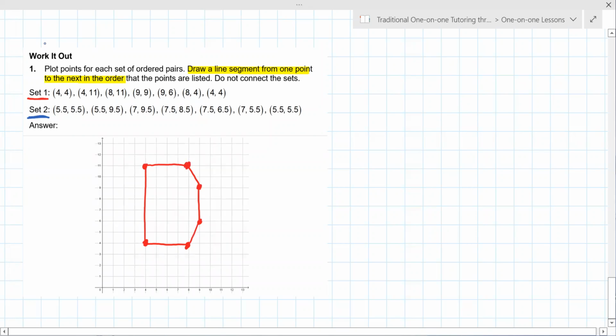the other one. So now 5.5 comma 5.5, that's like halfway between 5 and 6. So it's no longer on the grid, it's in between, and sometimes it's hard to get that perfect, but you just do your best. So the next one is 5.5, 9.5.